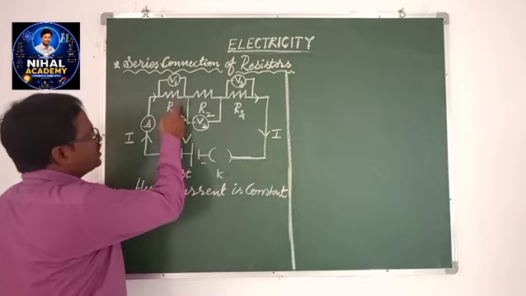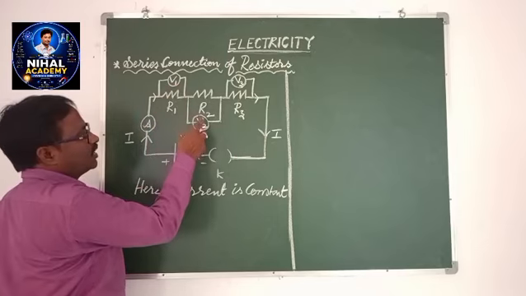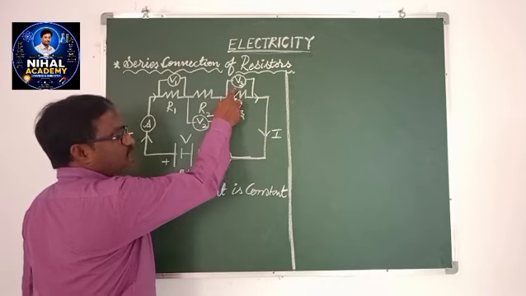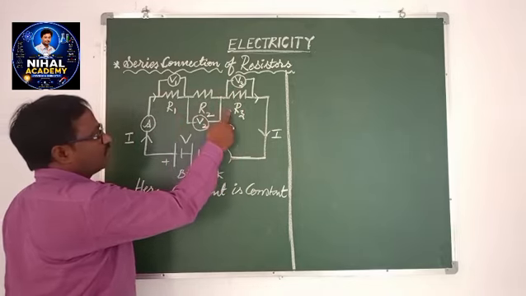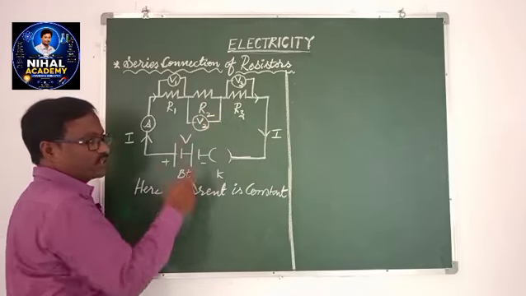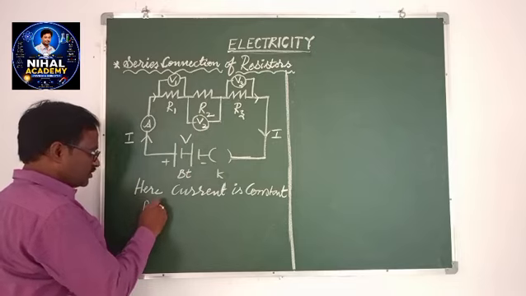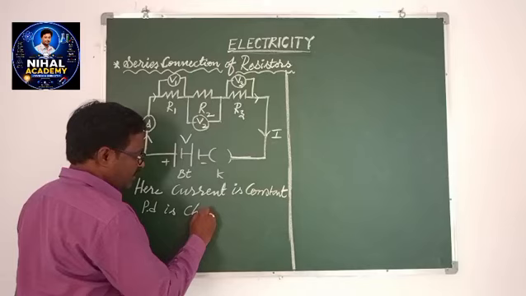Now the potential difference is varying. The potential difference at R1 is V1, at R2 is V2, and at R3 is V3. The total potential difference across R1, R2, R3 is equal to the potential difference at the battery. So the potential difference is varying, that means PD is changing.